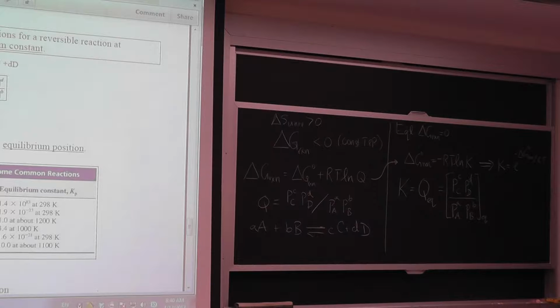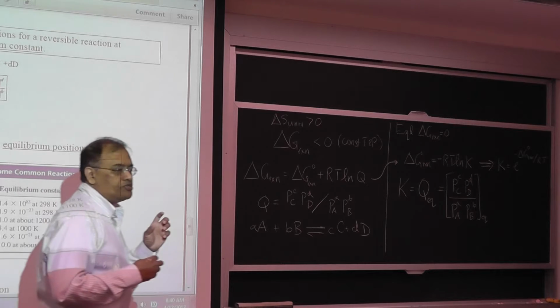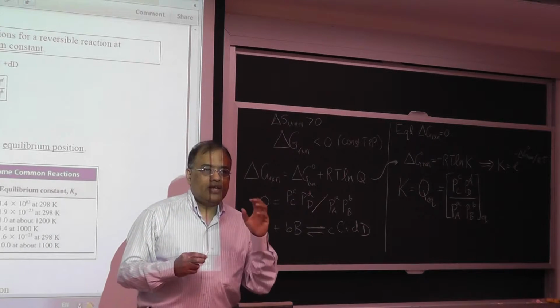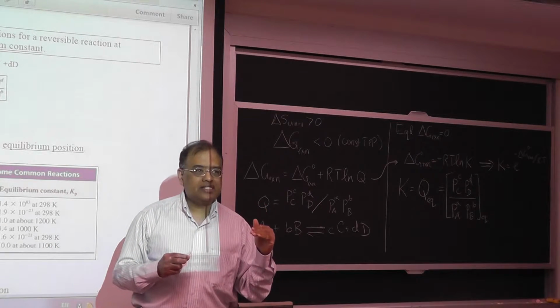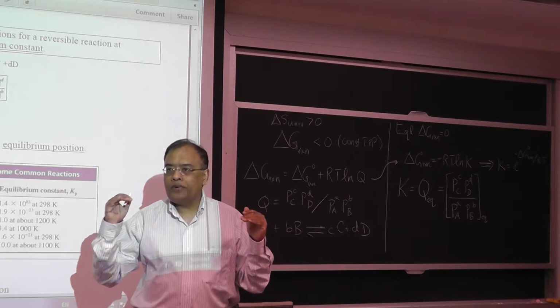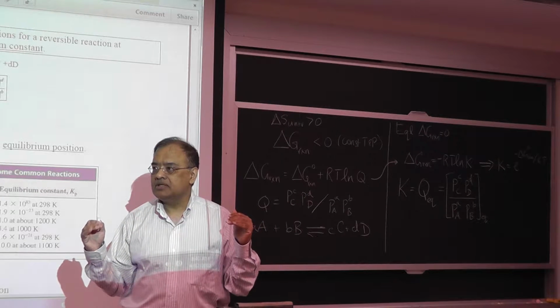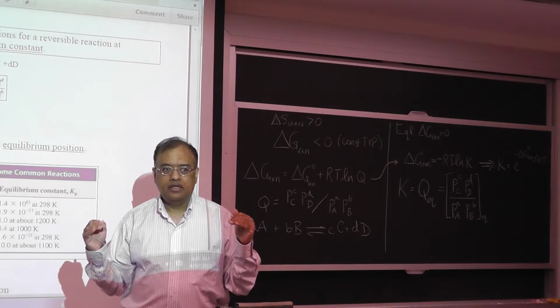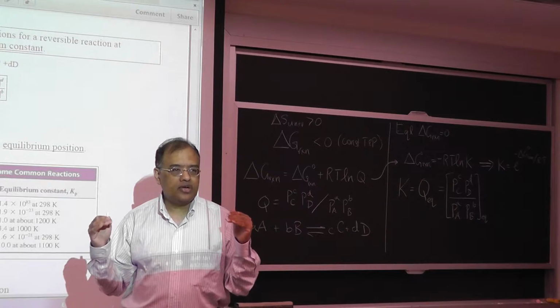We say usually 25 degrees centigrade. So delta G naught reaction is the change in the Gibbs free energy when reactants in their standard states go to products in their standard state. Okay, that's what delta G naught reaction is.